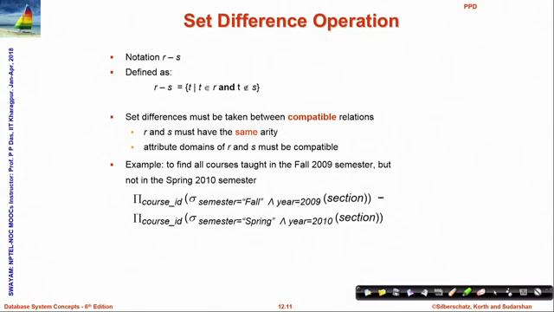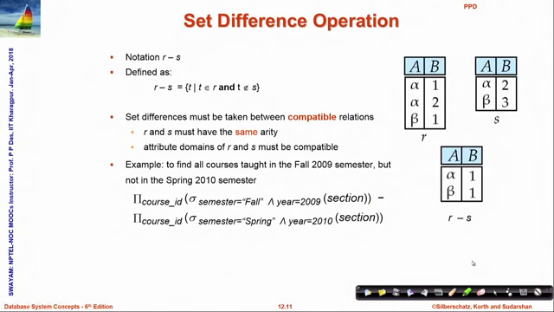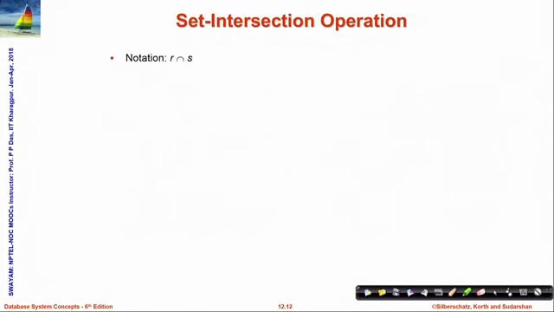This is an example to find all courses taught in fall 2009 but not in spring 2010. So, as opposed to union in the last slide, you do a set difference to get this result. This is how you can use set theoretic operations to get different relational results. This is also the result from the earlier example.